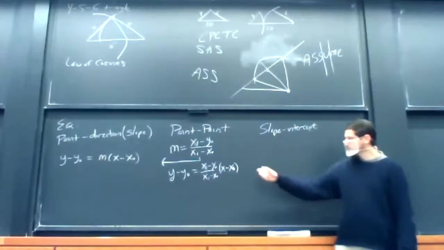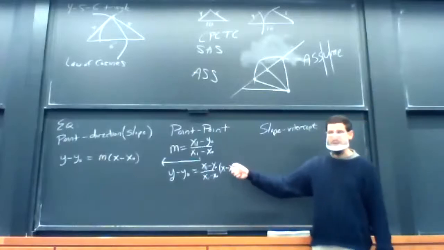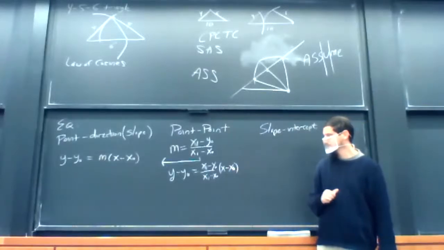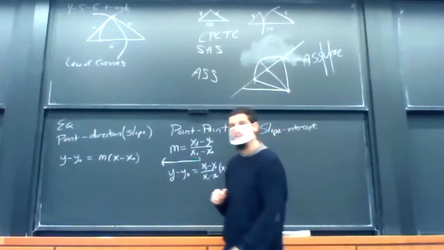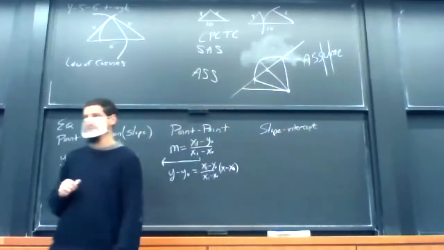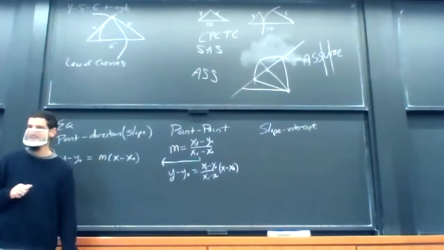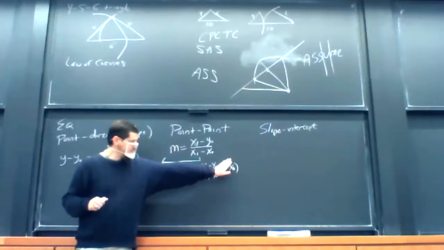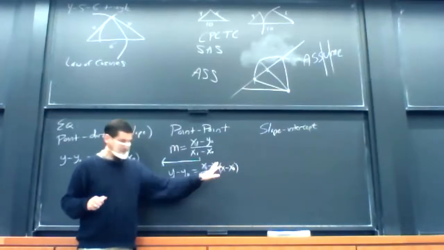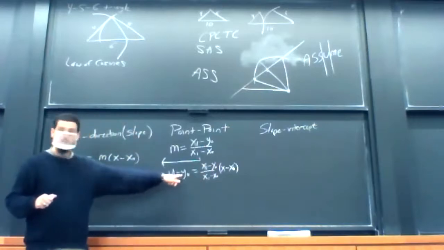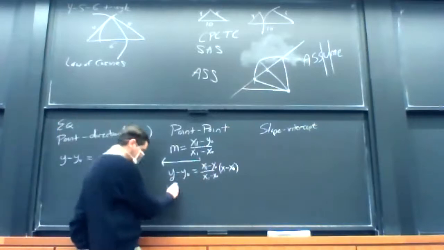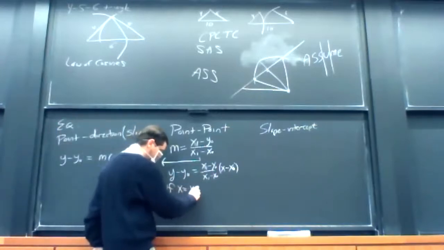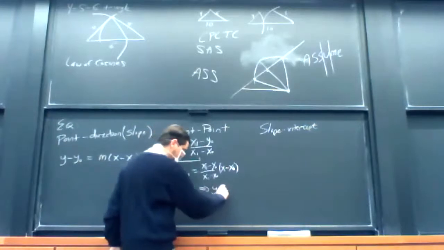And when you look at this, what's a really good value of x to plug in? Not 1, not 0, x naught. If I take x equals x naught, this vanishes. The right side becomes 0, and I get y equals y naught. So if x equals x naught, then y equals y naught.